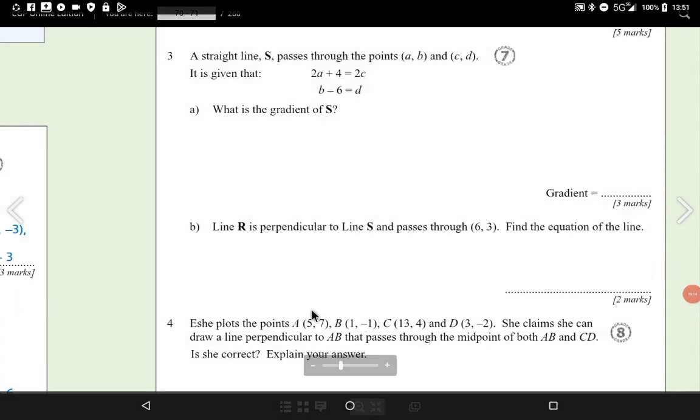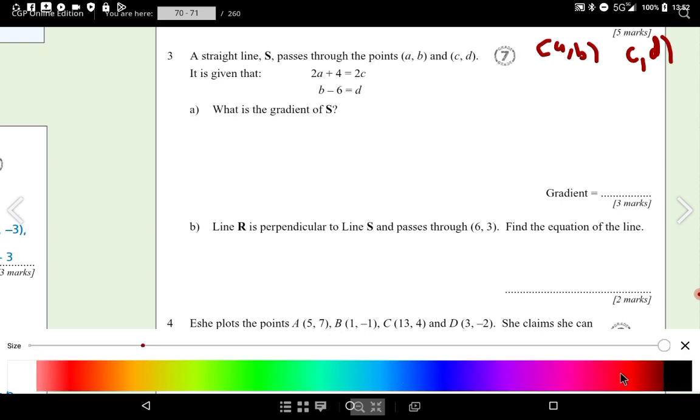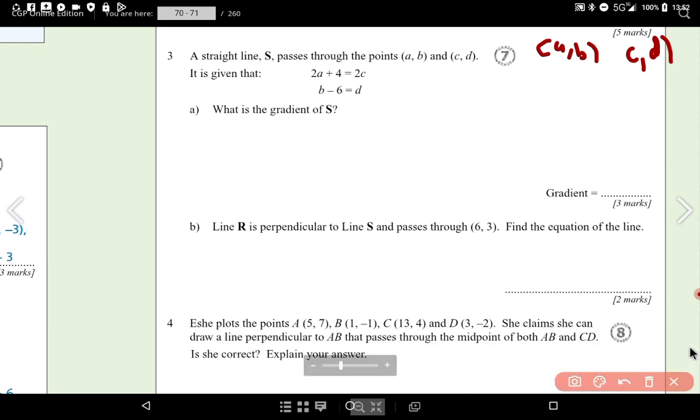So in this question, we have points A, comma B, and C, comma D. This is really an exam question because it's not a straightforward question.